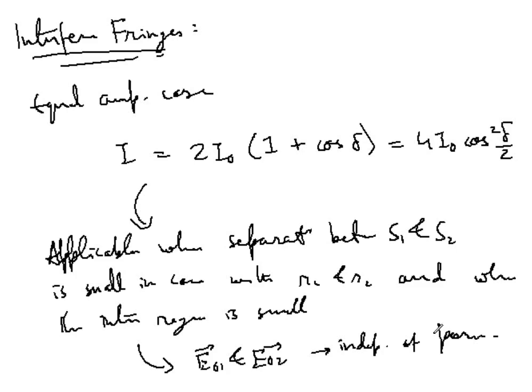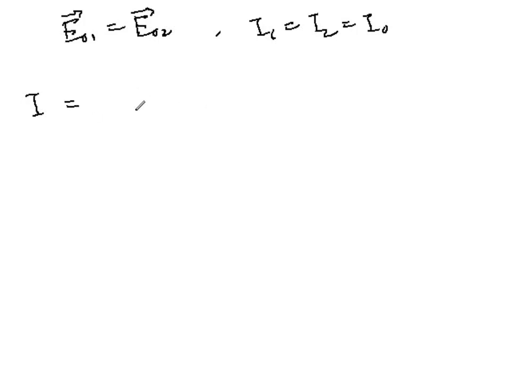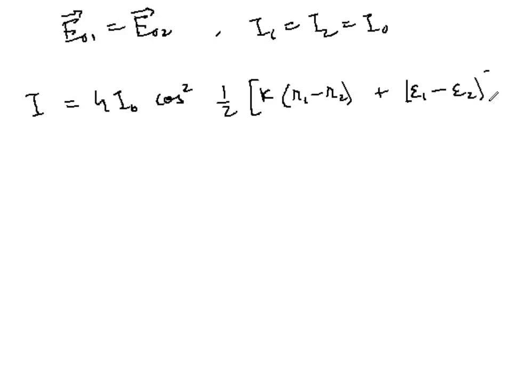Now, as a result, what do we get? If the emitting sources are of equal strength, then we already know E01 equals E02, and so I1 equals I2 equals I0. And as a result, I am going to write down the entire expression in the complete form: 4 I0 cos square of half of k(R1 minus R2) plus epsilon 1 minus epsilon 2.